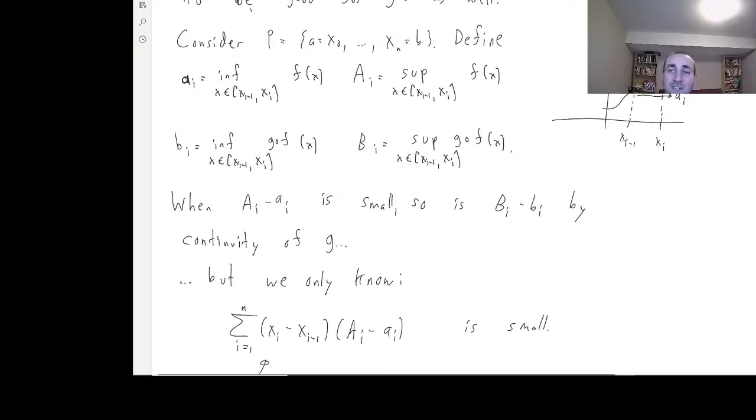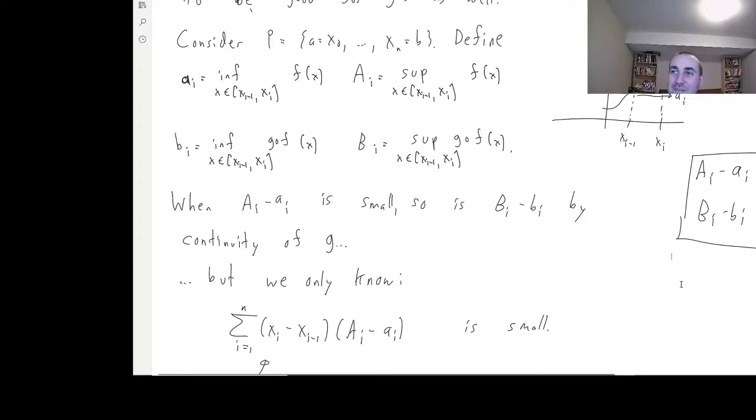Well, if our partition is going to be good, what we really want is that A_i minus a_i, or B_i minus b_i, are going to be small. That's what it means for the partition to be good, for the lower and upper bound, in some sense, to be close to each other.